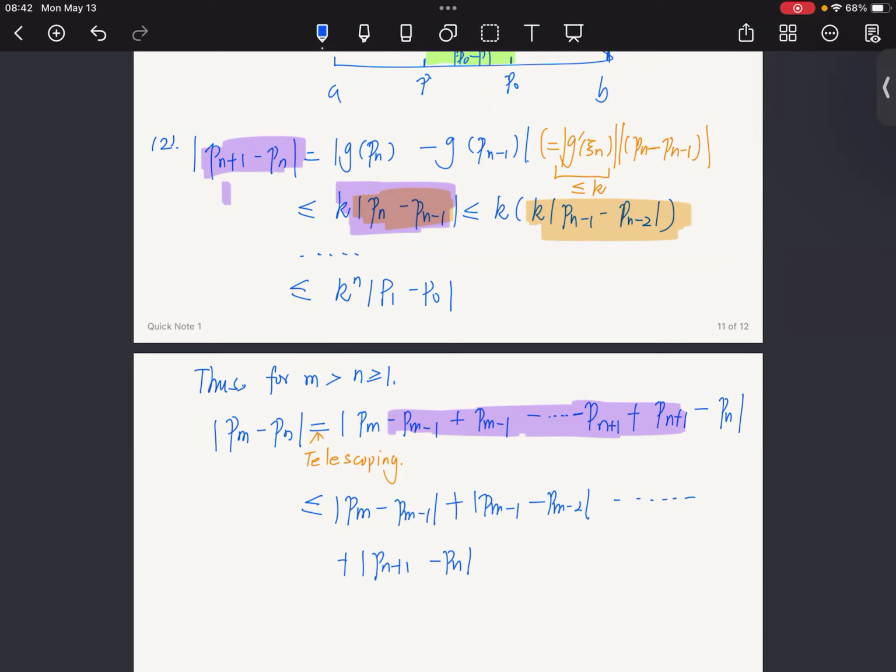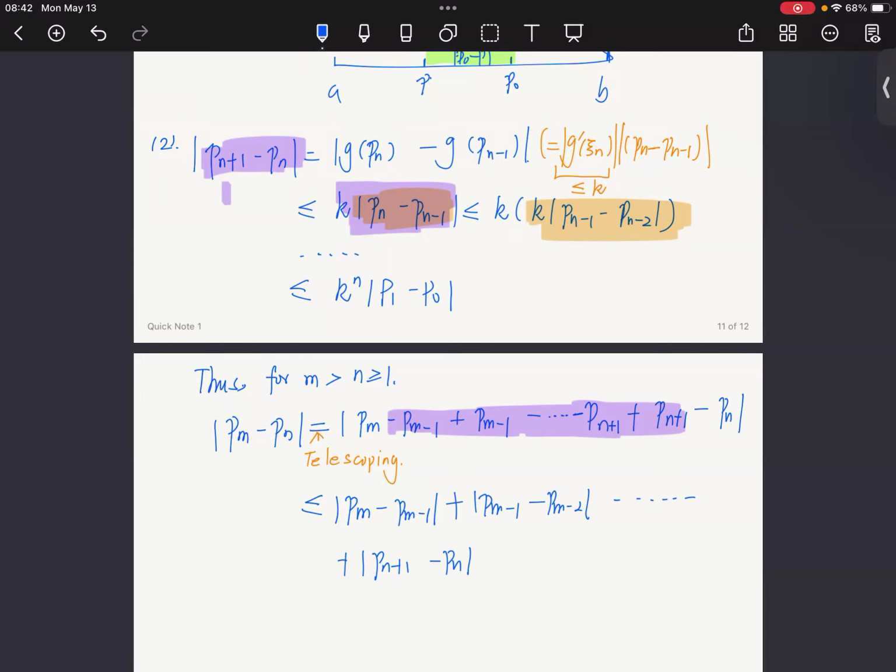So for these items, we can use the results we have here. For example, for this one, we have k to the power n, and this n depends on the P n index here.